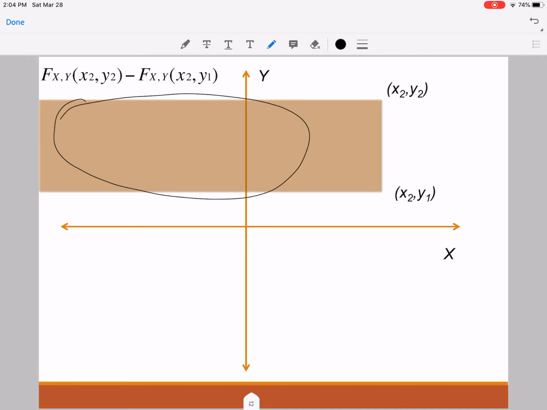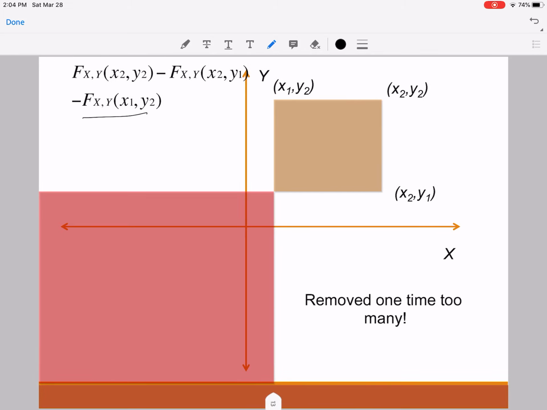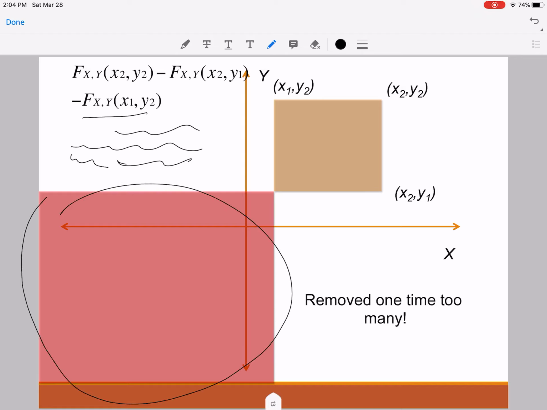So I'll try to remove some more CDF values. Let's say that if I were to remove Fxy at x1 comma y2, I eliminated the region that was present here, but while doing so, I eliminated this region one time too many. Because I eliminated this region one time too many, this region which corresponds to x1 comma y1, I need to add it back to the probability values.